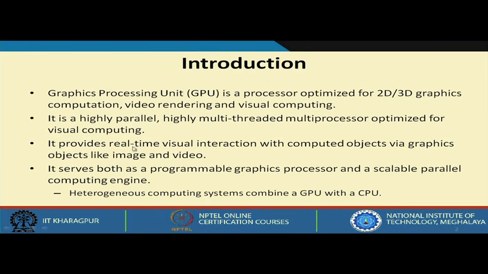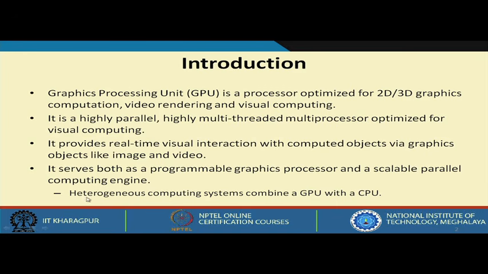Now, the interesting thing is that because of its inherent architecture, it is a highly parallel SIMD machine. So, why use it only for graphics? We can also use it as a scalable parallel computing engine to execute some applications where very high level parallelism is there.